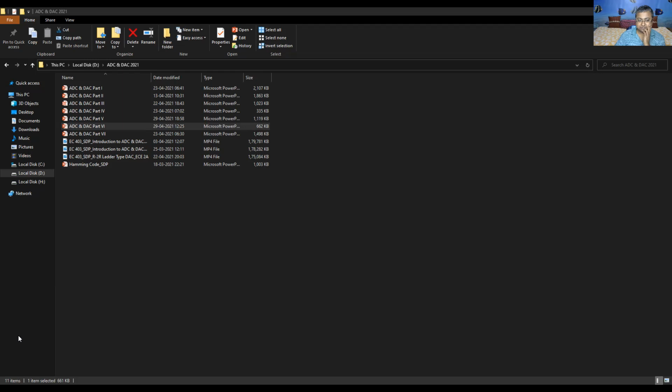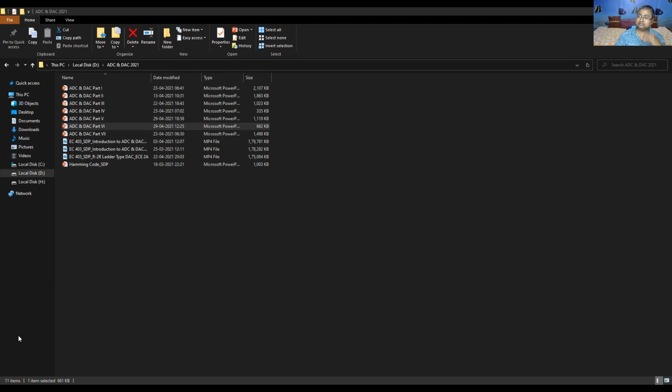So the counter begins counting from 0000 to 0001, and this process will continue until the 2 to the power of nth clock pulse comes and the output of the counter is all 1.